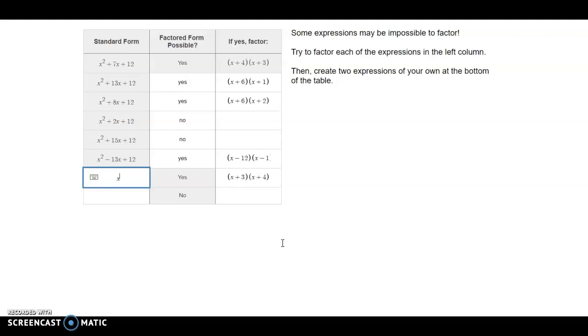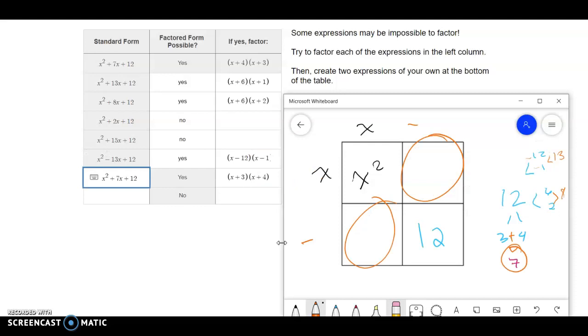For this case, I want to do both positives. So 4, 5, 6, 7. So I have x squared plus 7x plus 12. So let's see, if I plug these in, right? So if I put 3 and 4, I would get 4x and 3x to get all the same things.